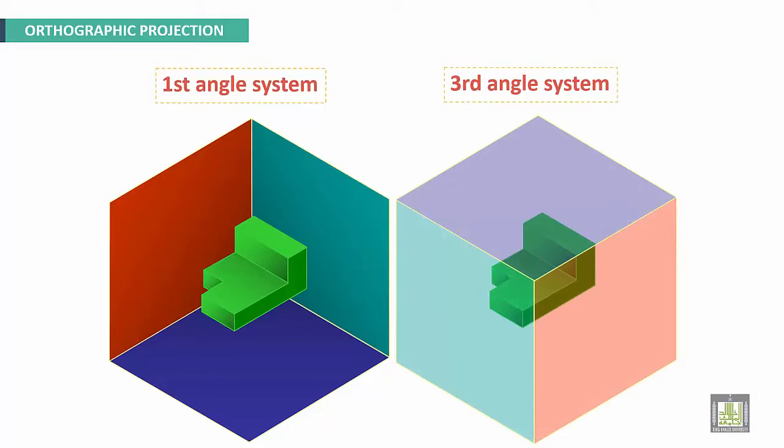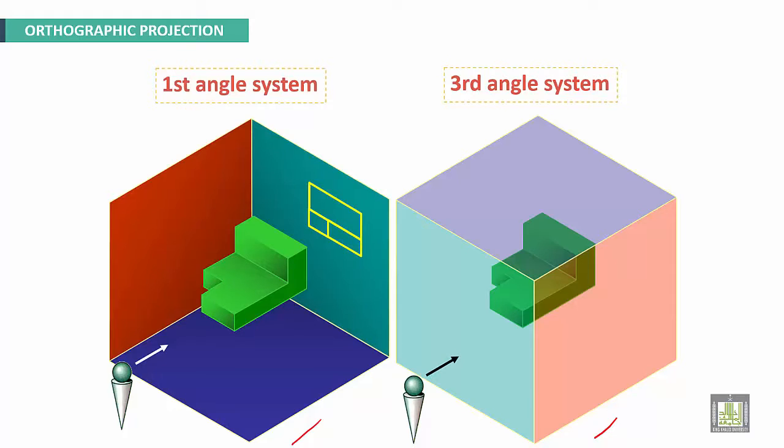We have an object in the first quadrant and the third quadrant. The observer from here, he can see the object and the views will be projected from the backside. This surface. Now this surface will be projected here.